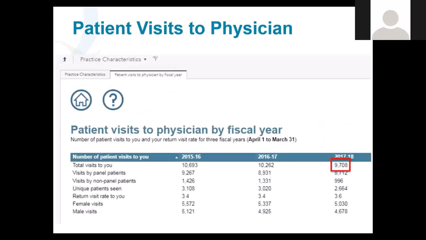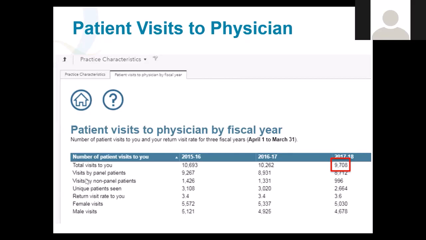Yeah, and so the next thing under the practice characteristics is really looking at that physician's supply of visits. This is showing the total visits to this physician, and that this physician in the last year of data was able to provide 9,708 visits.